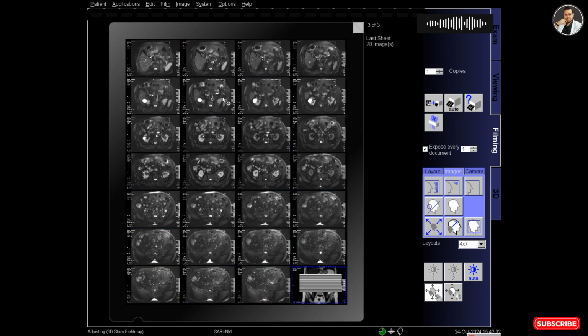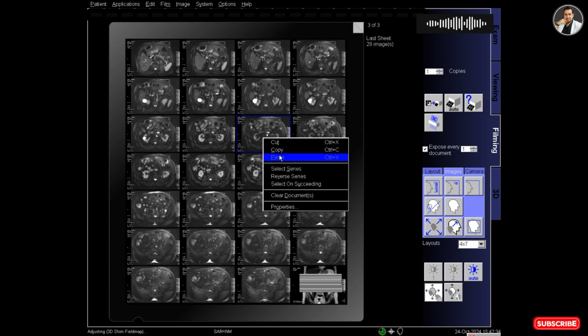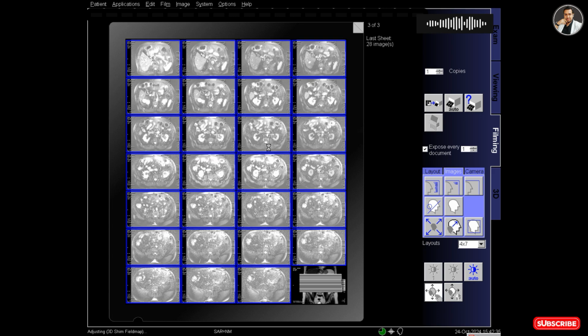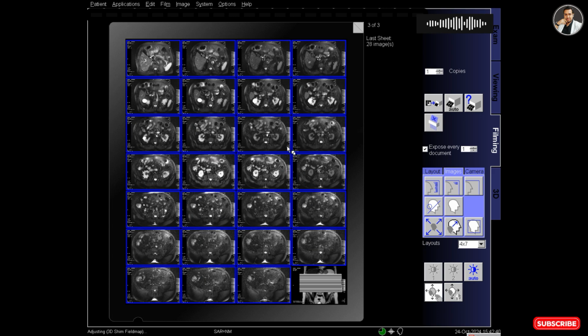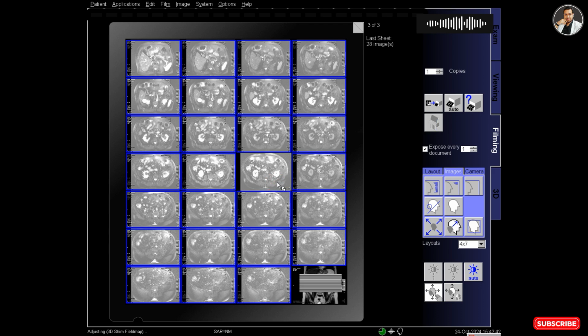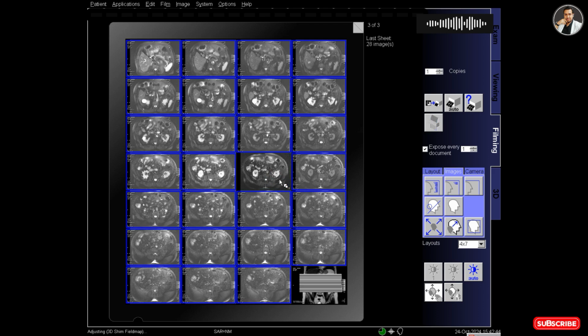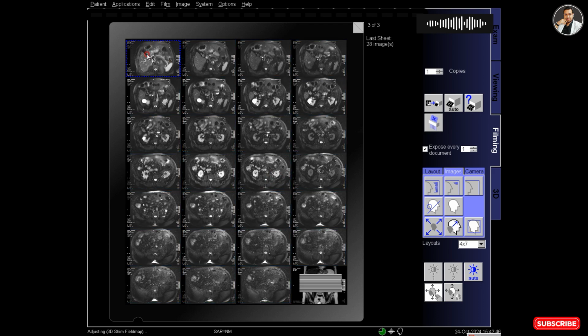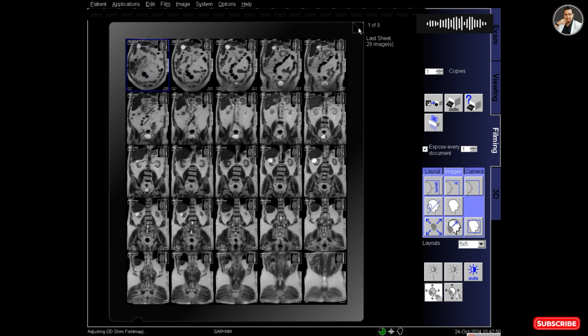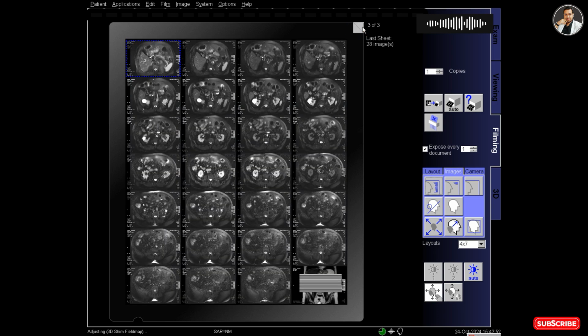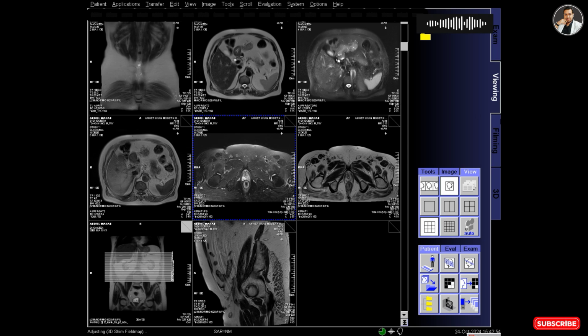And also adjusting the reference image. So I made 3 films, 1 T2 coronal and 2 axial.